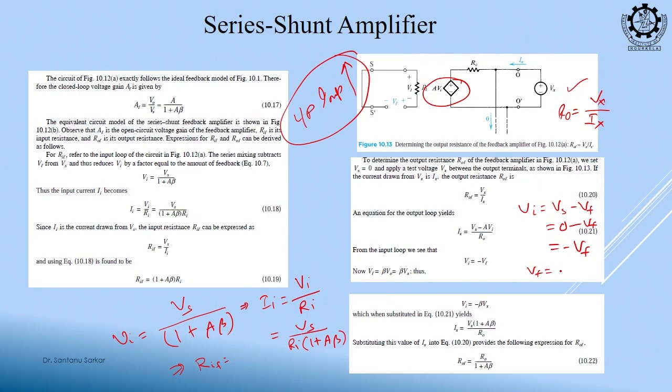Beta times V0. So, we will put all of these and we will get the closed loop output impedance equal to Ro by 1 plus A beta. So, input impedance was increased, but output impedance is decreased. Again, negative feedback is helping in reducing the output impedance.